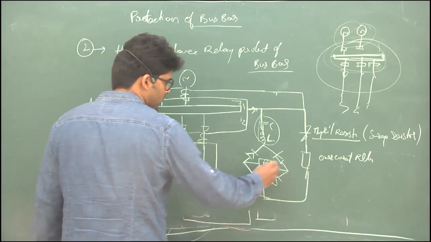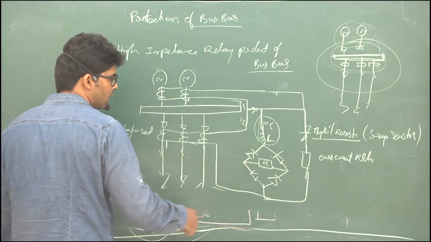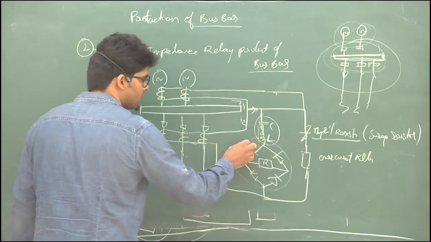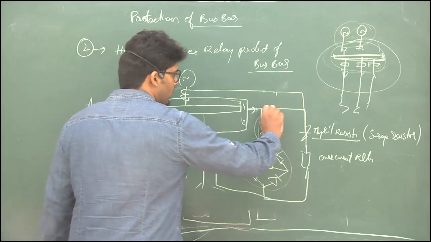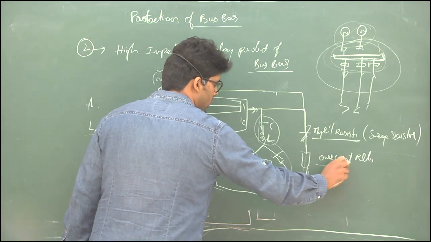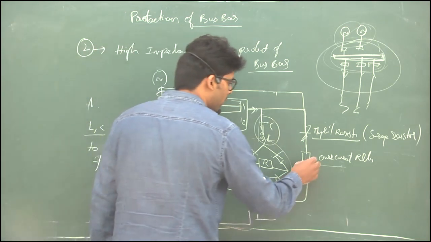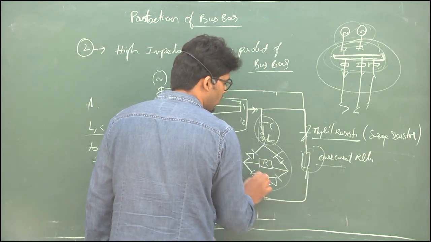And what about the high surges? If a high current surge comes, the relay will not operate for it. The high surge currents flow through the triac resistance, and the overcurrent relay would operate, but this relay will not operate.